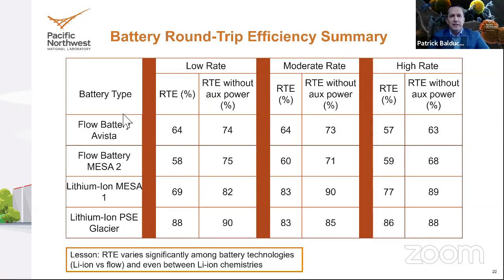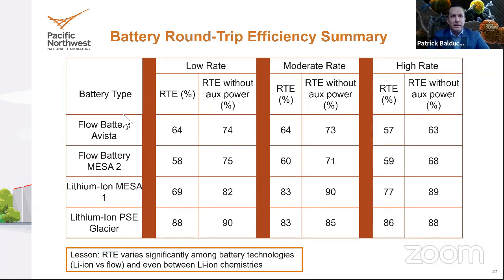So we can see here, when we tested these battery systems at a low, a moderate, and a high rate, that the round-trip efficiencies for the lithium-ion battery systems deviated from a low of 69% all the way up to 90% when you're excluding auxiliary power.